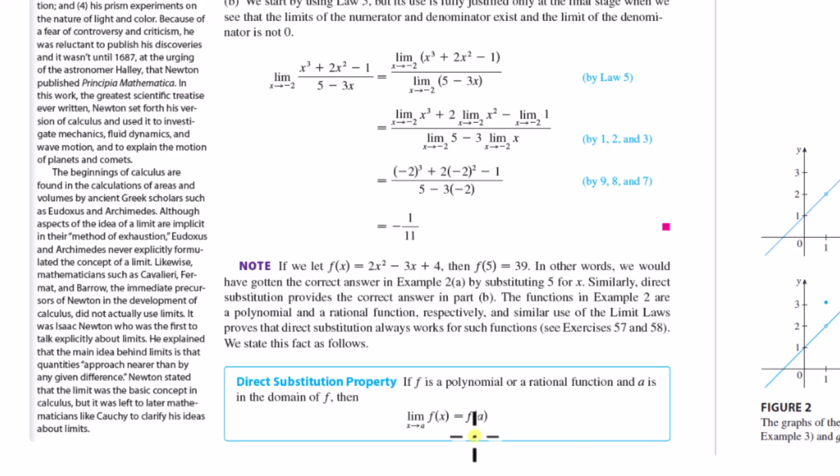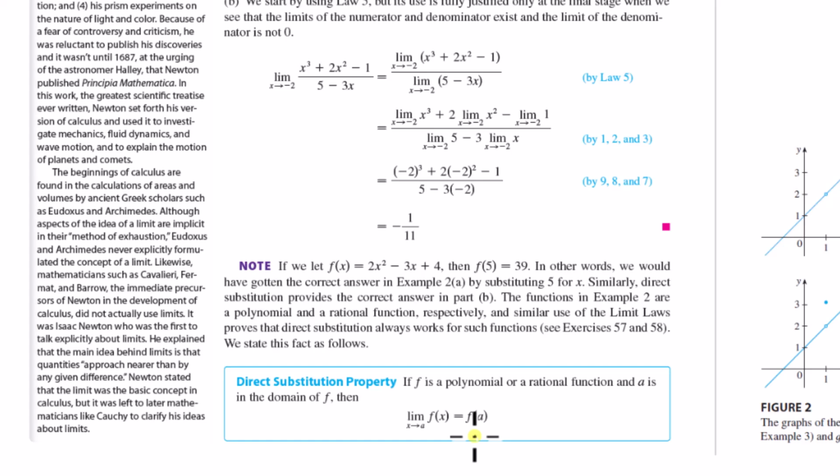Okay, then, so does that mean if we had a limit where the function was a rational expression, if we plugged in the limit point into the expression and the result was dividing by 0, we got a 0 in the denominator, does that mean that the limit in general, the main limit, doesn't exist as well? No, that's not what they're saying here.